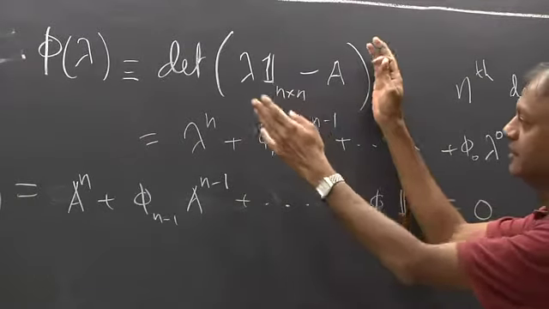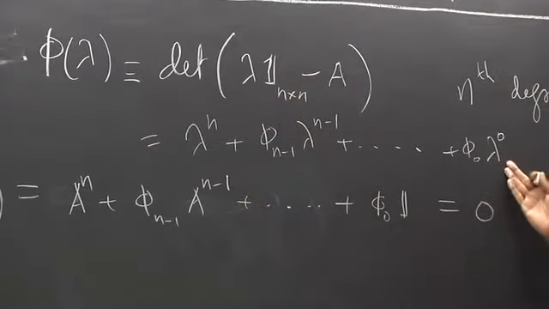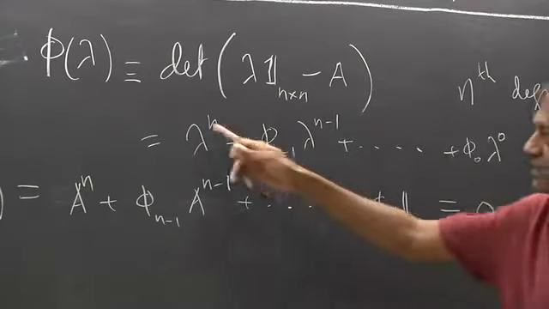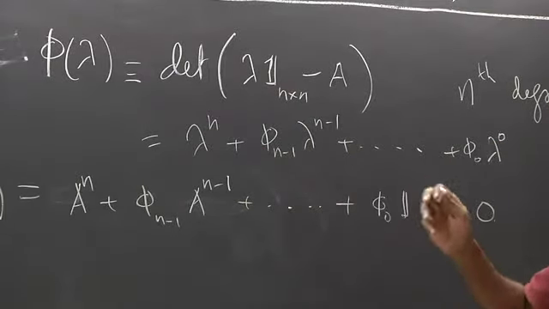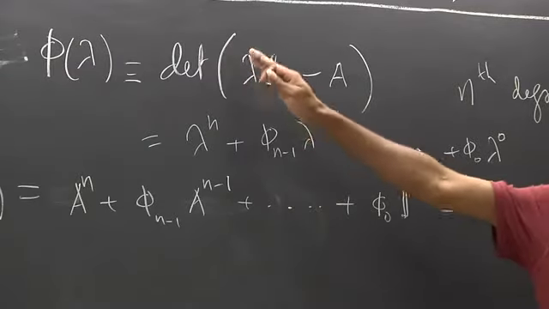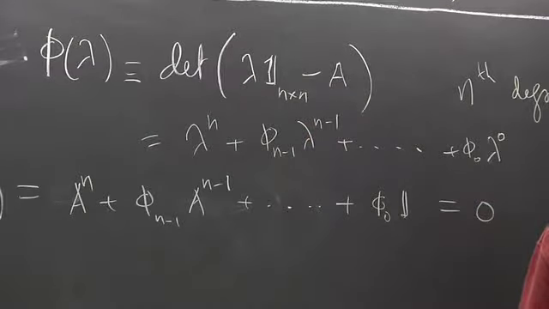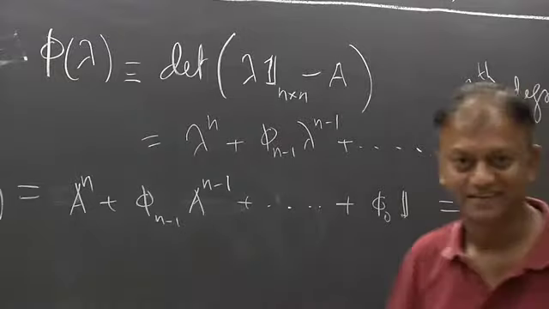Only at the stage when I have a polynomial can I ask what happens if I replace lambda by A. Naively it looks like it's 0, but that is not a valid argument.